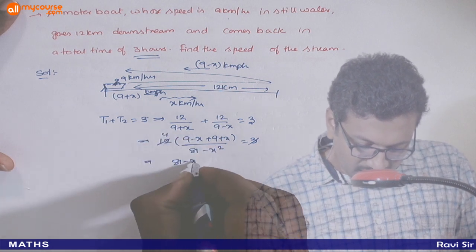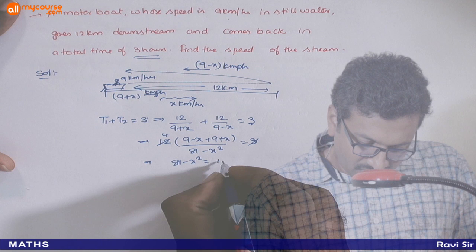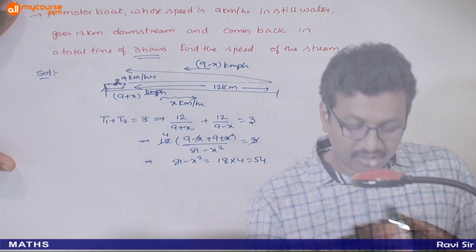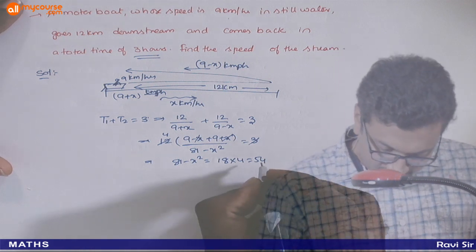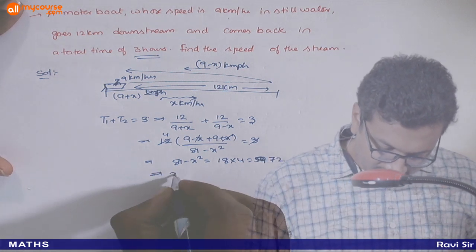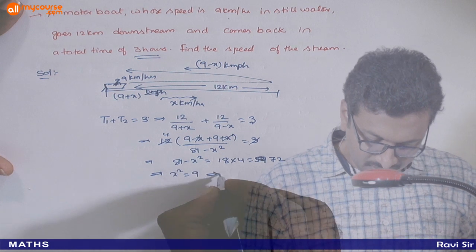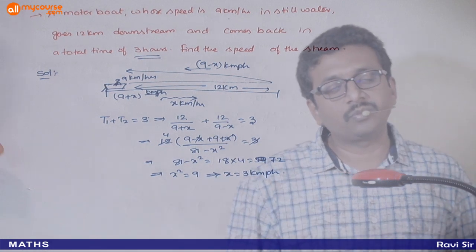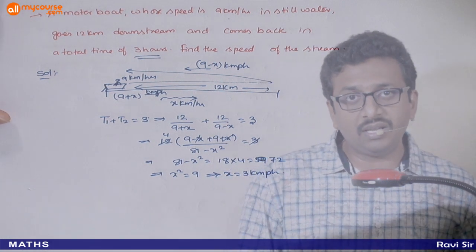So 81 minus x square is equal to 18 into 4, which is 72. This implies x square is equal to 9, which implies x is equal to 3 kilometers per hour.